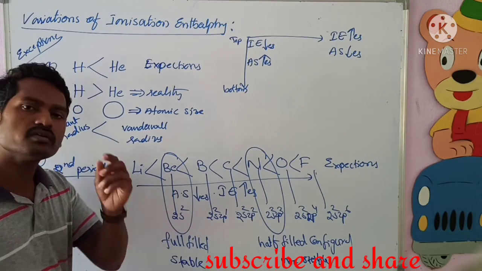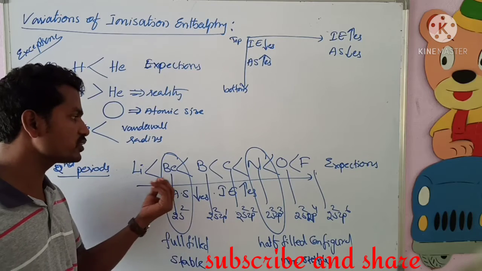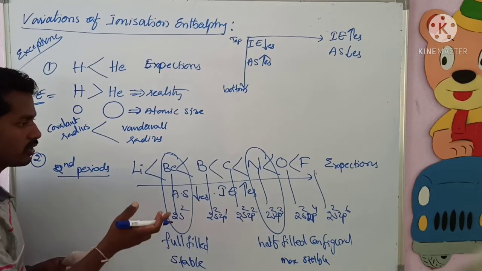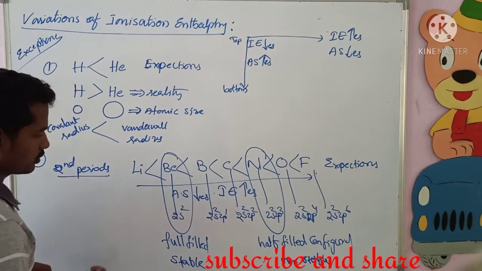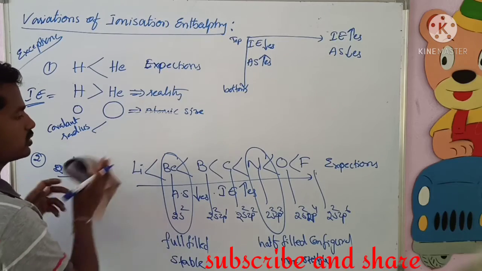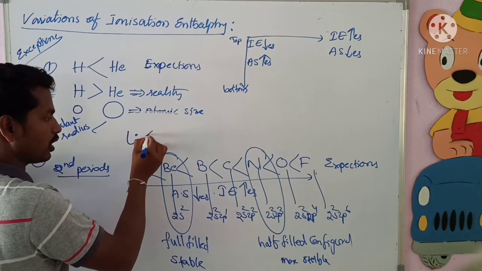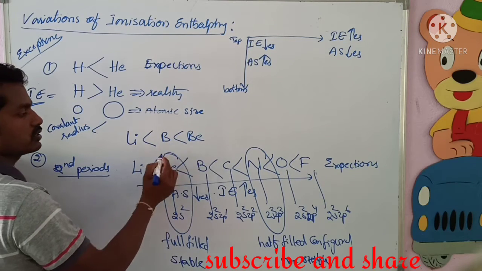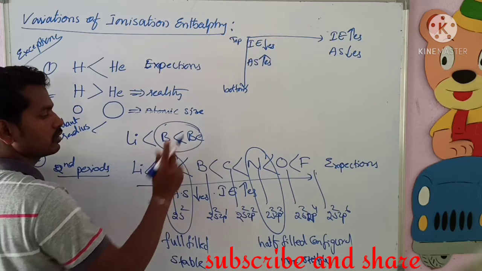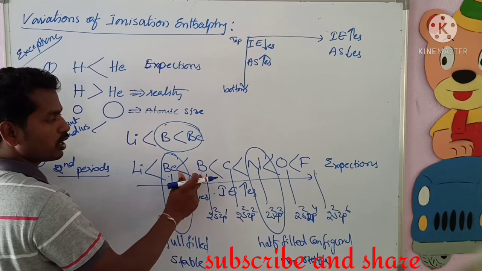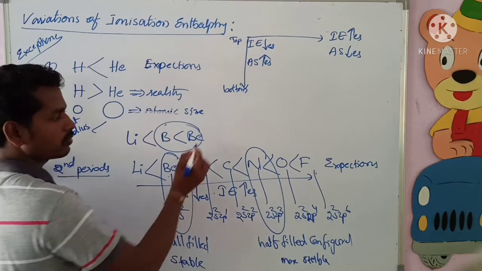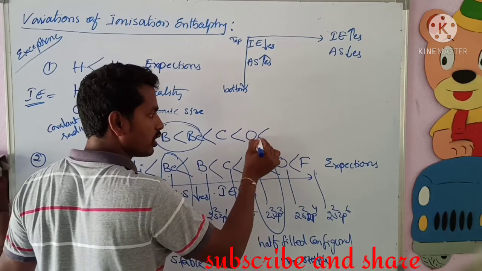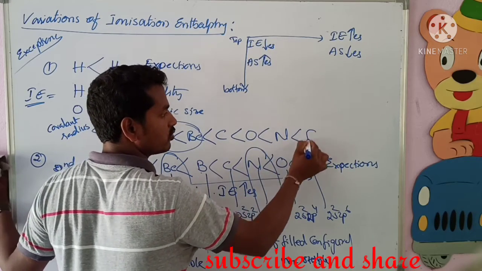They show a variation from the expected order. What is the reality order? Lithium, then boron, then beryllium in the expectation, but here there are some exemptions. In reality, lithium, then boron, then beryllium, then carbon, then oxygen, then nitrogen, then fluorine.